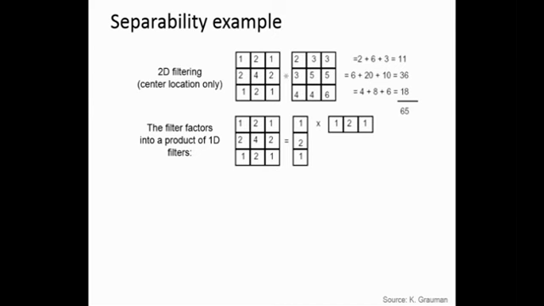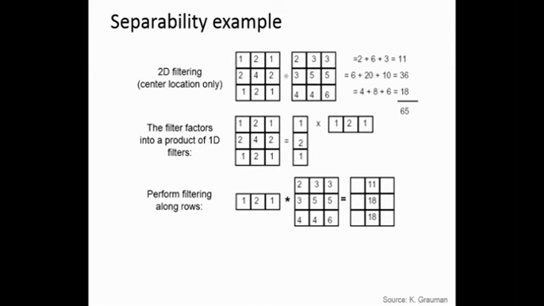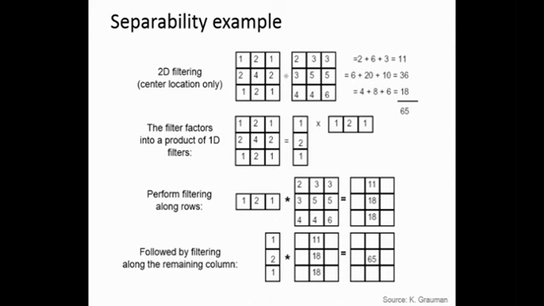So I can perform the same filtering operation by first filtering along the rows and then filtering along the columns. And then I'll get the same output in the center. Here I'm just showing the output for the center.